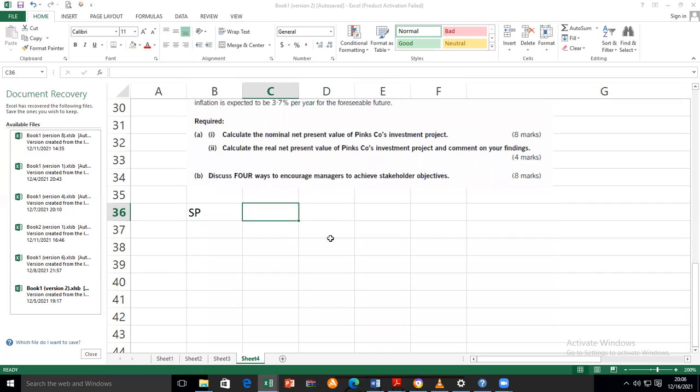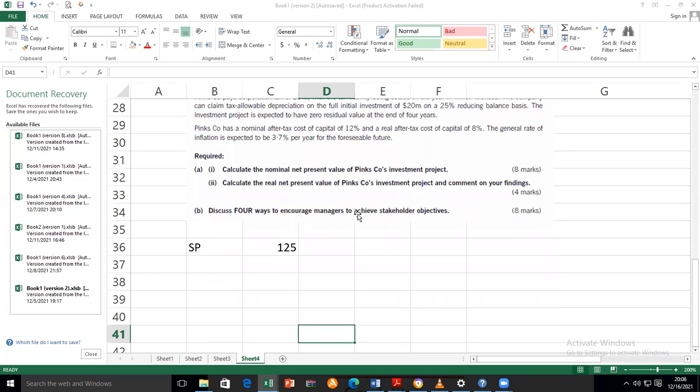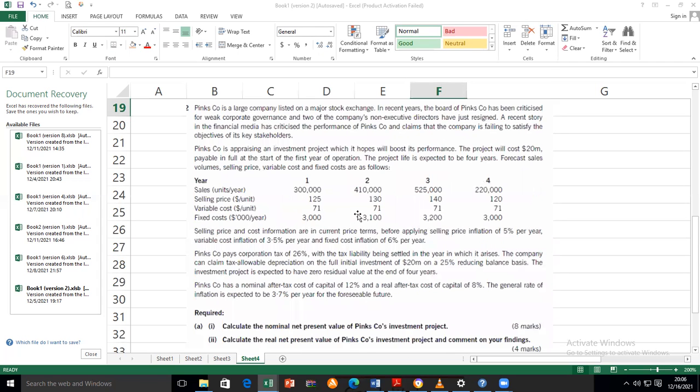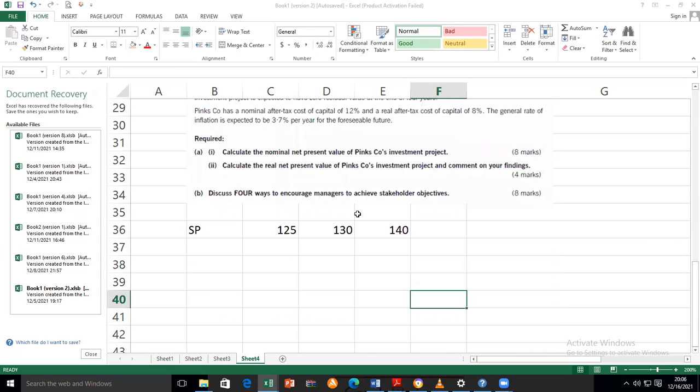And that is why we brought this question, just to remind you of how you arrange your data. So what you do is you put 125, 130, 140, and 120. So that's what you do first. Then you bring in the inflation.